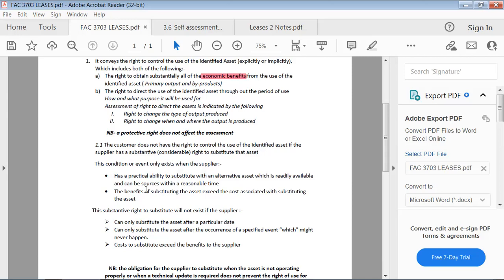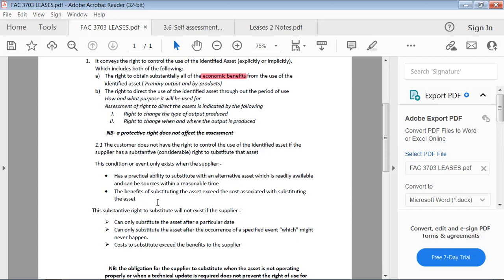That means I stand to benefit more when I substitute, so the supplier has substitution powers. And if the supplier has substitution powers, the customer doesn't, which means you do not have control of the use of the asset that you are given.